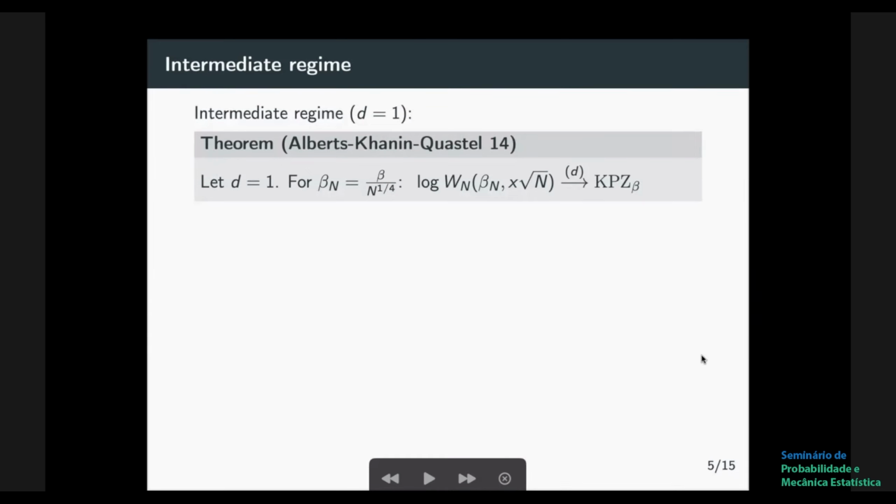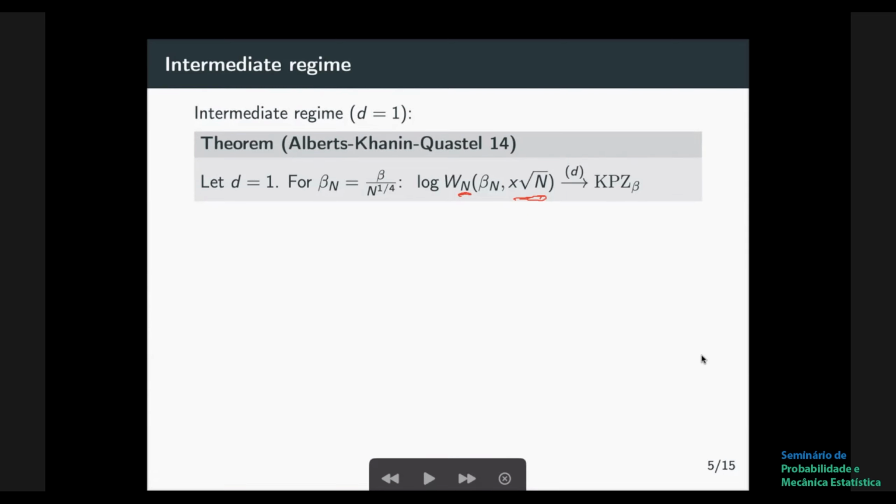When you take a diffusive limit, so you take space like square root of n, you take time like n, but the important point is that you actually have to tune beta to the critical value 0. In dimension 1, beta c is 0. So you have to tune the temperature in a very specific way.